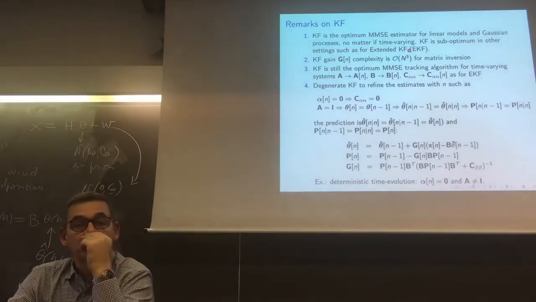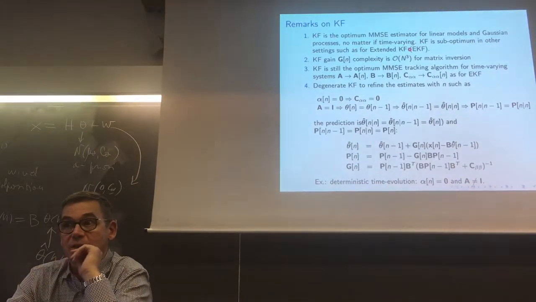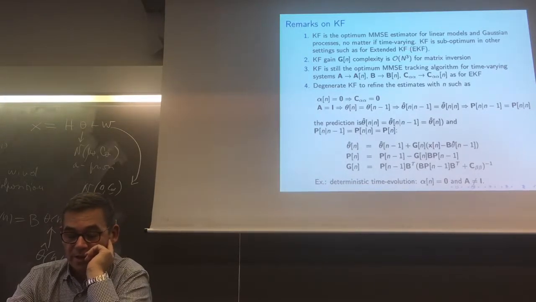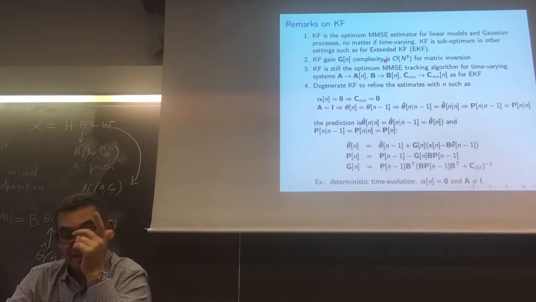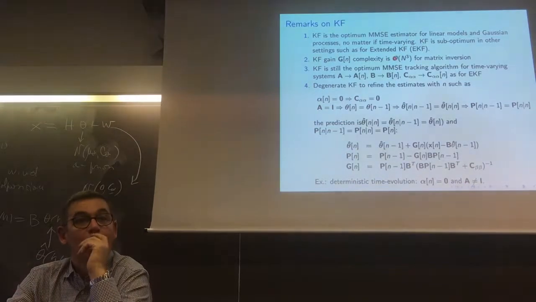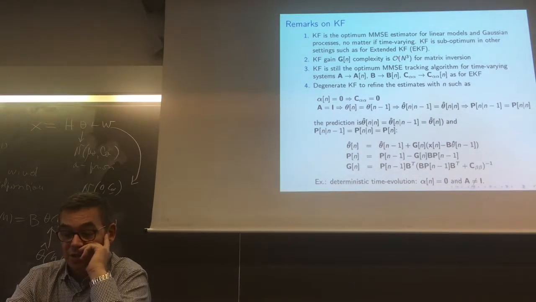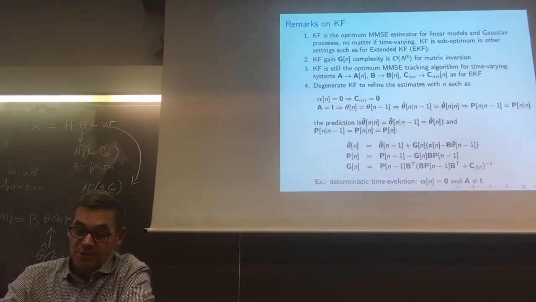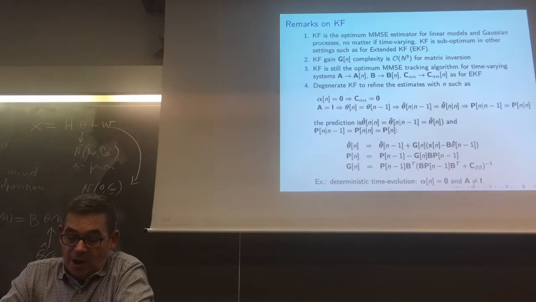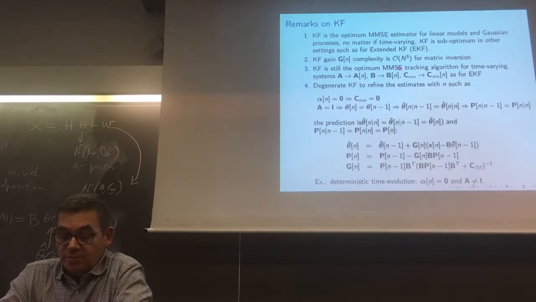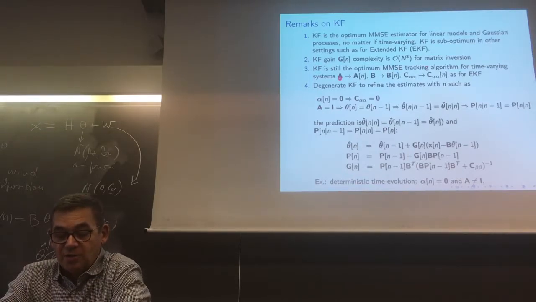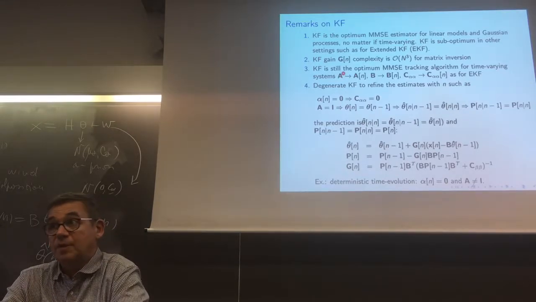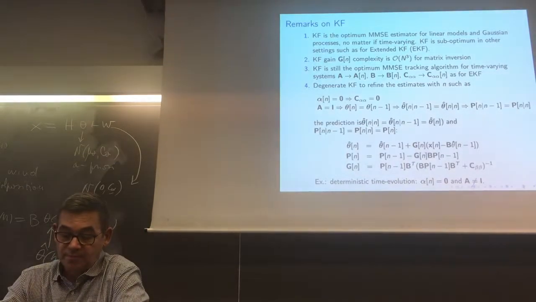We will talk about it not tomorrow because I want to start a new topic tomorrow. We'll talk next week. Second, the Kalman filter gain is complex. The complexity is in the order of n cubed, where n is the size of the data observation. The Kalman filter is optimal even for time varying. So even if my matrix is depending on time, the Kalman filter is still optimal.